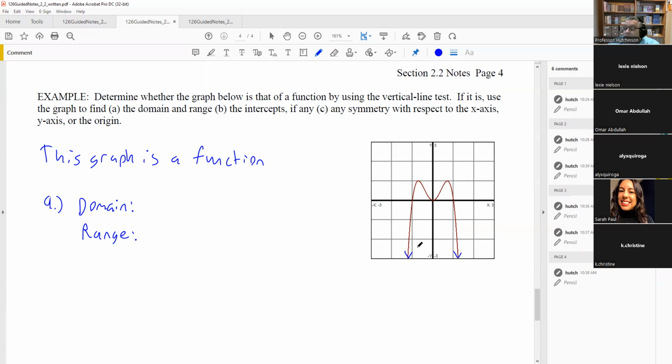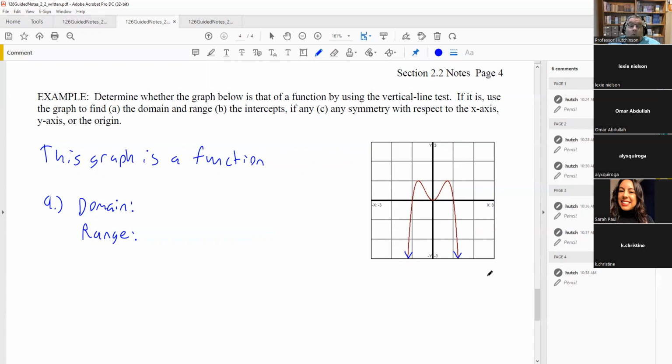So whenever you have a graph going forever, it means that your domain and range are going to have infinities in them. Okay, so first, let's talk about domain. Domain is talking about the x values that the graph uses. Now we're going to assume that this graph keeps going down here forever. As it does, it's going to get wider and wider and wider. So no matter what, the graph is getting wider and wider as it goes down.